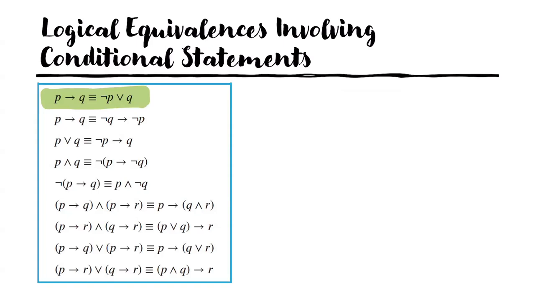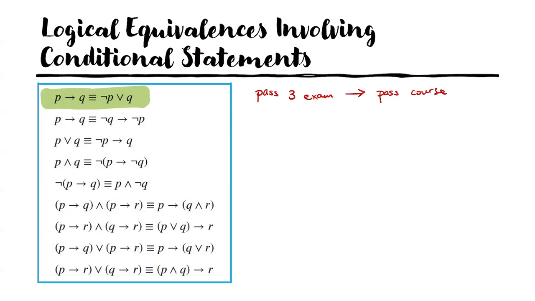So this is saying that P implies Q is the same as saying not P or Q. I'll give you an example. Earlier in the class, we let P be pass 3 exams. We say if you pass all 3 exams, you will pass the course.